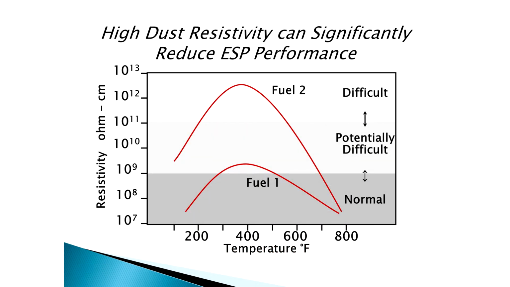As I've said from the beginning, the resistivity of the dust has an impact on the total power that the precipitator will operate at. The higher the resistivity, the lower the precipitator power. So if you're using total power as the barometer for the performance of the precipitator, it will be impacted primarily by the resistivity of the dust.